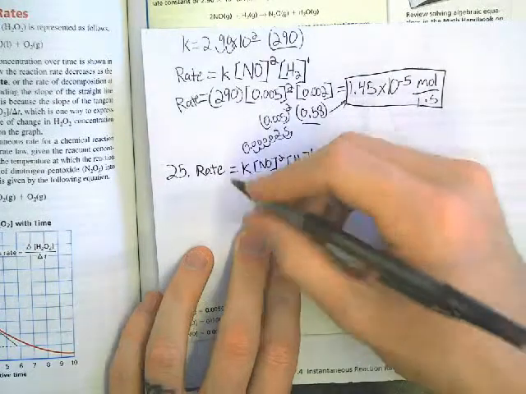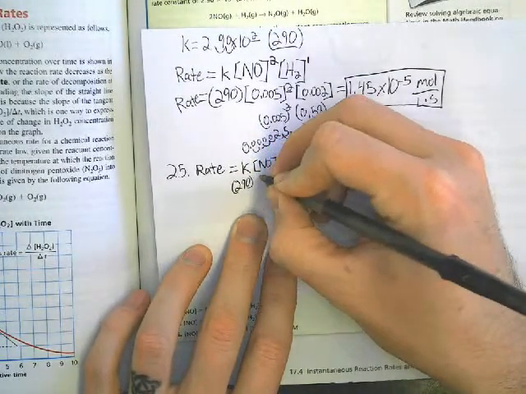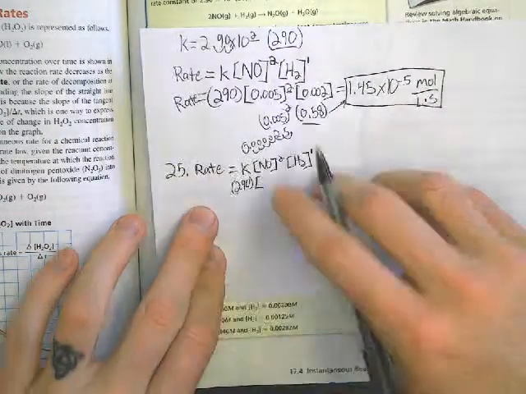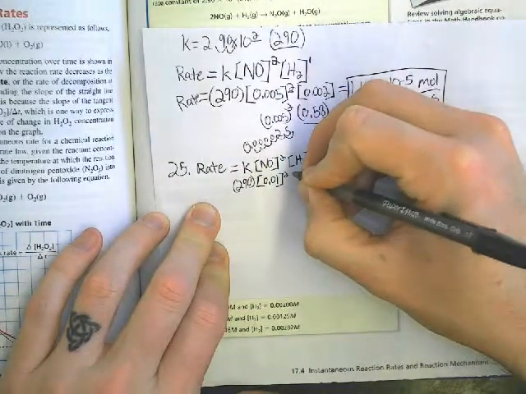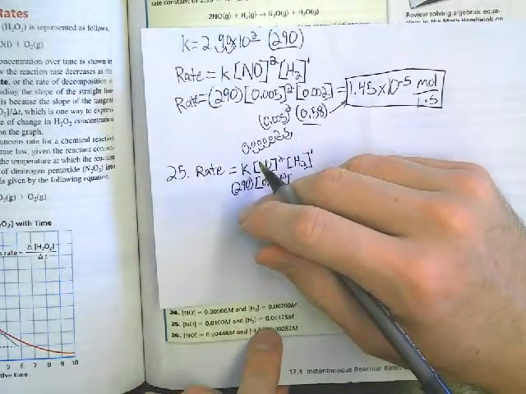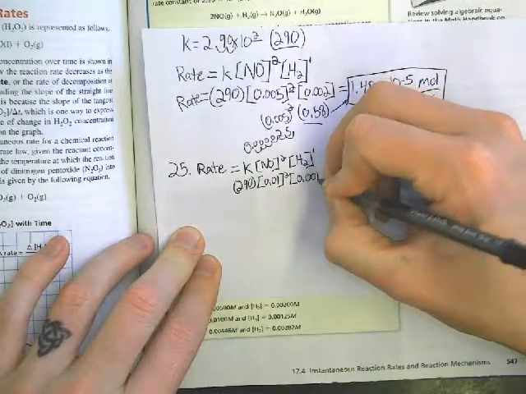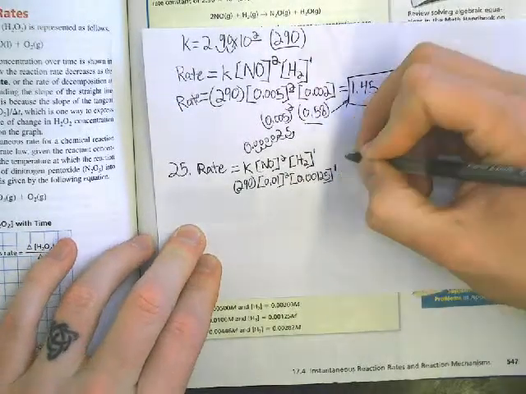Now I just fill in the numbers I have, right? 290 for K. My NO, though, is going to change to 0.01 and squared. H2 is 0.00125 to the first.